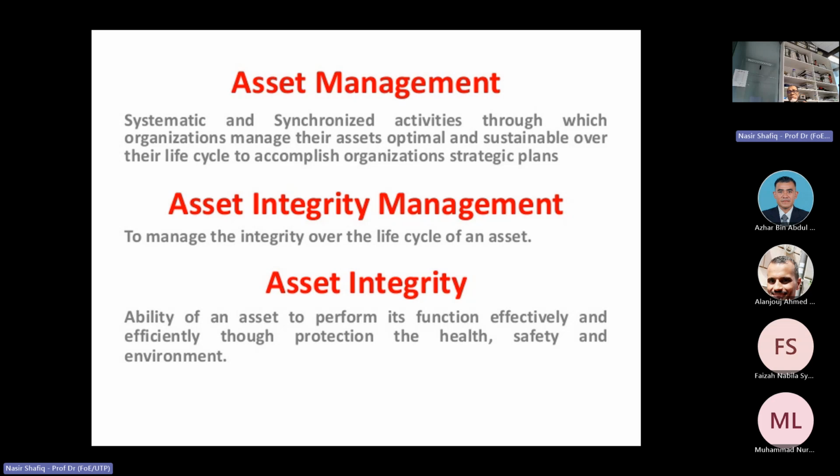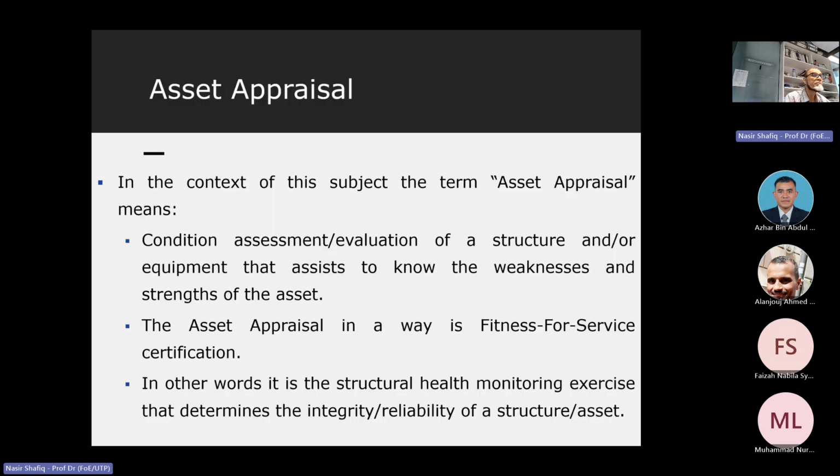Meaning to say, it is complying with all the functional requirements, HSE requirements. So it is safe to run at 200 bar all the time during its service life. That is the integrity, that the asset is capable.